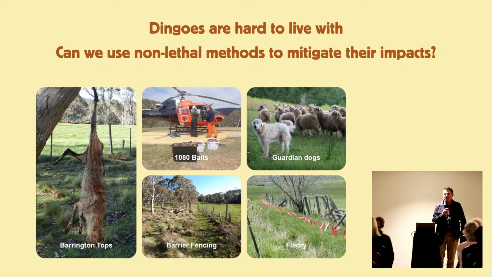Who eats lamb chops? Well, people still eat lamb chops. We have a sheep industry that exists because there's very few or no dingoes. And as a society, we probably need to maintain that to some extent. But how can we do that and try to maintain the dingoes as well? That's the big challenge that we have.